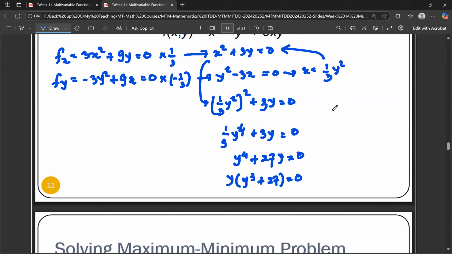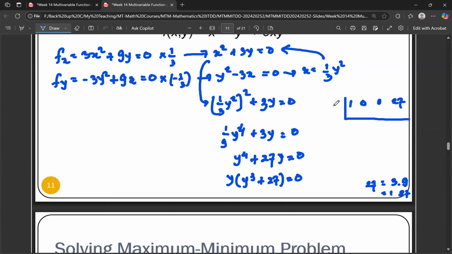I show you, y cubed plus 27 means the coefficients will be 1, 0, 0, 27, and we can guess the factor based on the factorization of 27. 27 can be 3 times 9, or 1 times 27, plus or minus.